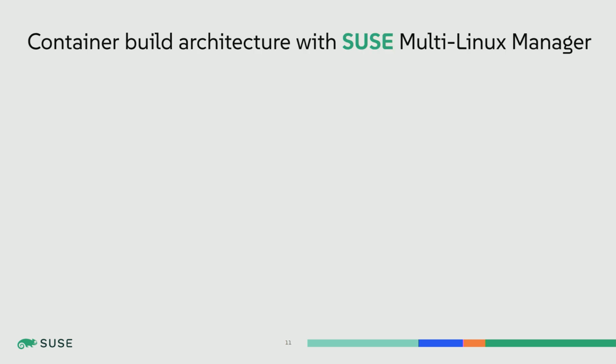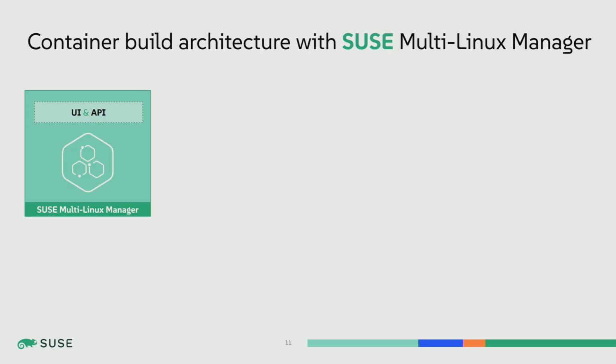Now, when you include SUSE Multi-Linux Manager into it, you can think of it as replacing the Docker client with SUSE Multi-Linux Manager. It's not fully like that, but it simplifies how to see the architecture.